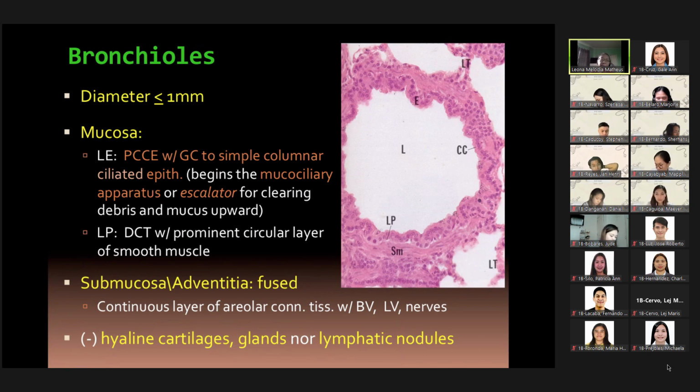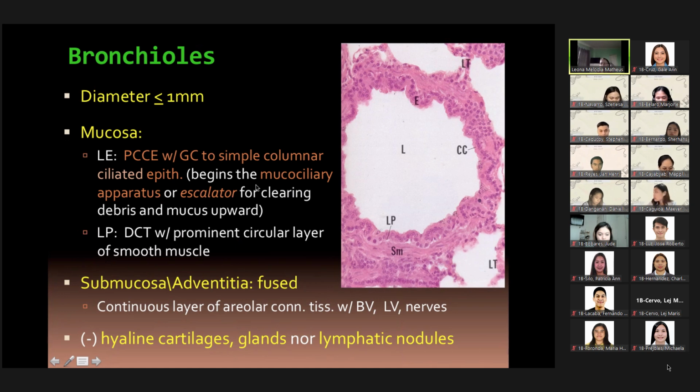By the way, I'd just like to say that these structures are continuous with one another, and that is why, with regard to the lining epithelium, initially we'll see, like here, for example, PCCE with GC and then simple columnar ciliated epithelium.